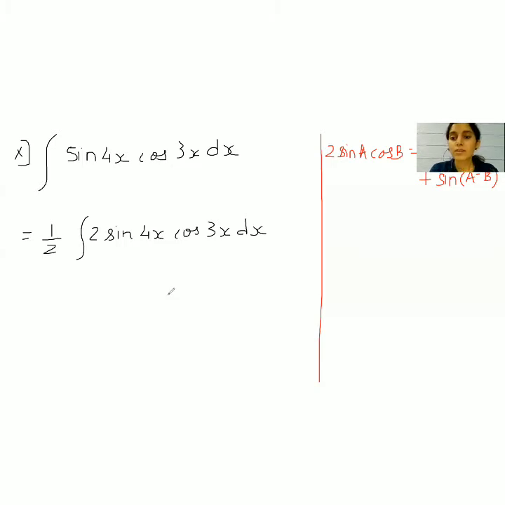Do I have something like that? Yes, I have 2 sin 4x cos 3x. What can I use then? Sin A plus B plus sin A minus B.